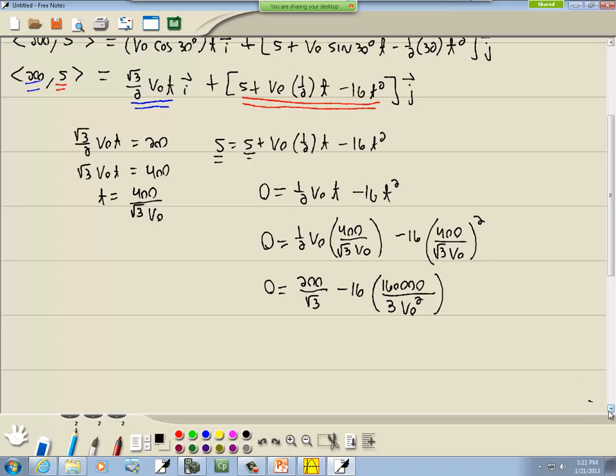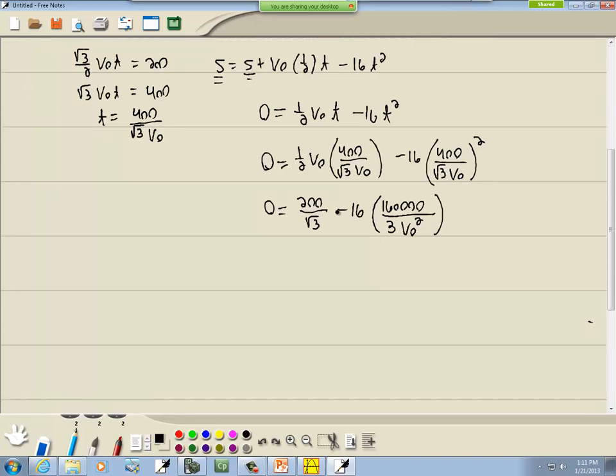Okay. Now, I'm going to take this negative over to the left side, so it becomes a positive 16. And then we've got 16, or, well, that made zeros. 3 v naught squared equals 200 over square root of 3.